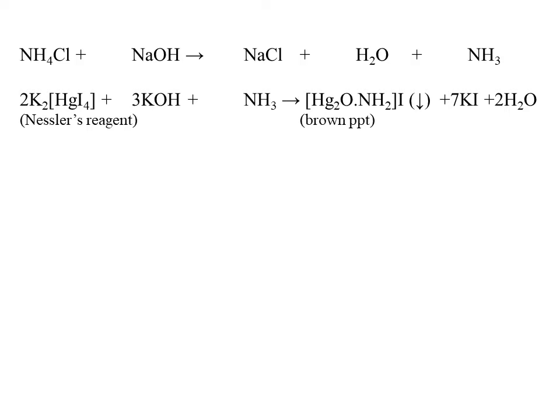We said that this is Nessler's reagent, K2HgI4, but you might get confused about why in the previous reaction we added NaOH, and over here we are adding KOH, when the reaction is basically between ammonia and K2HgI4. What is the purpose of this KOH?